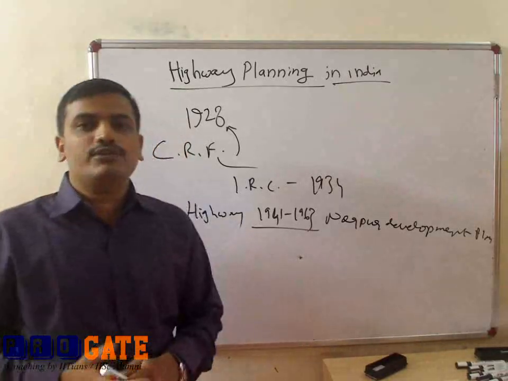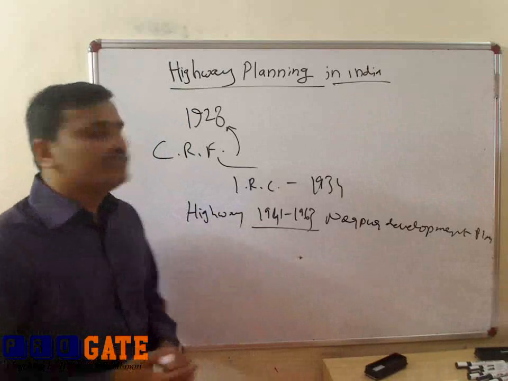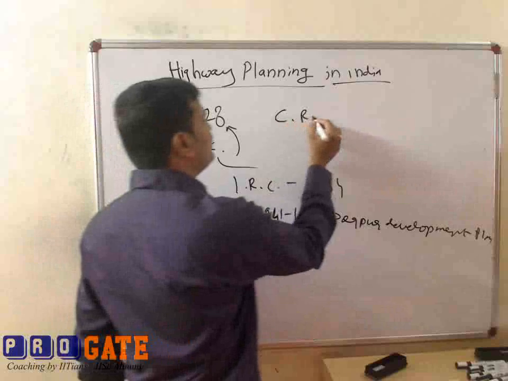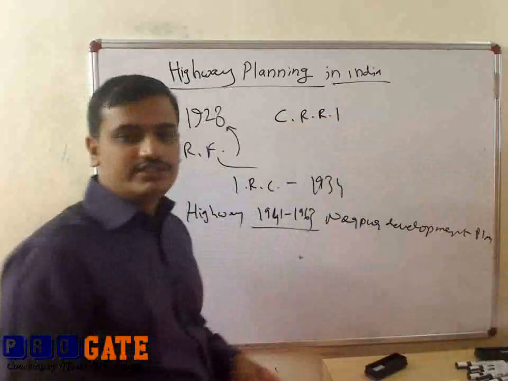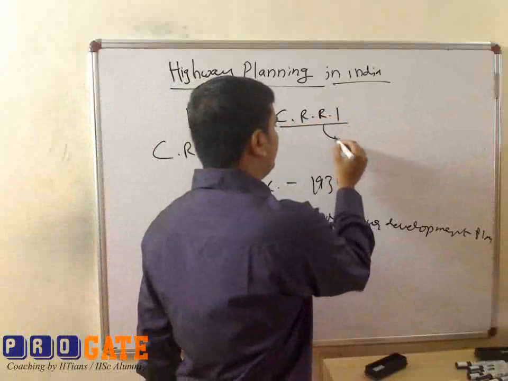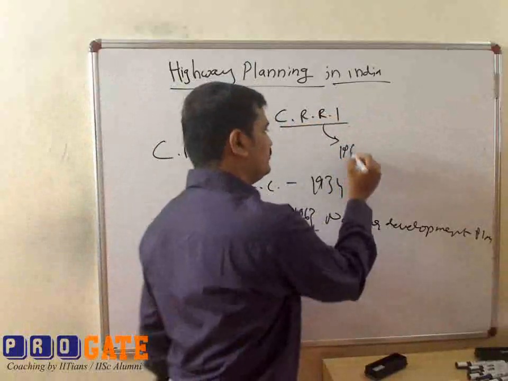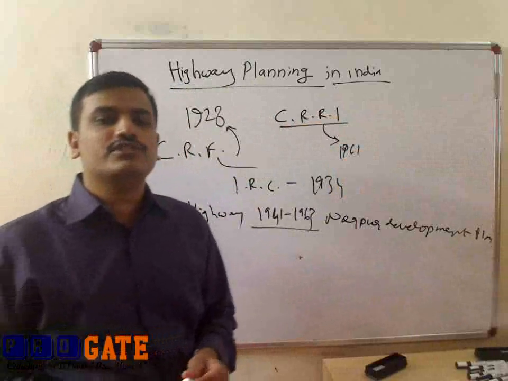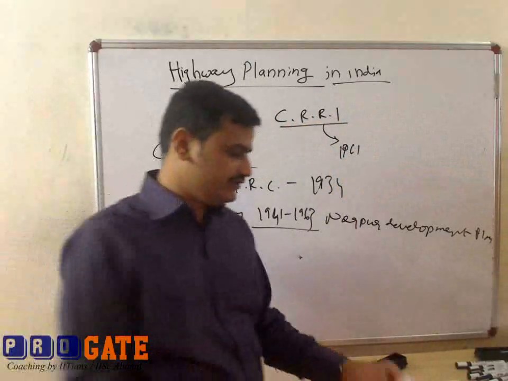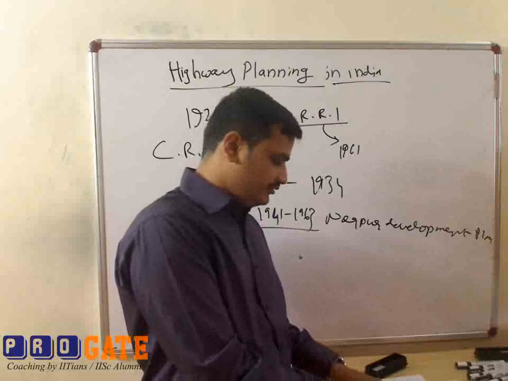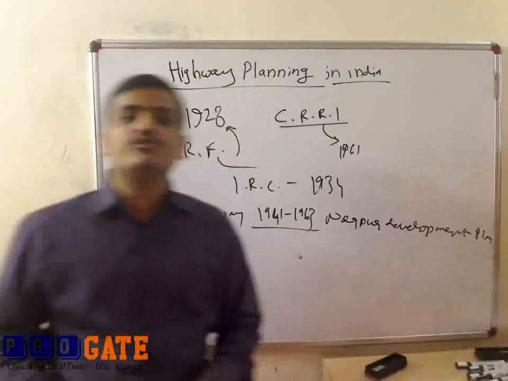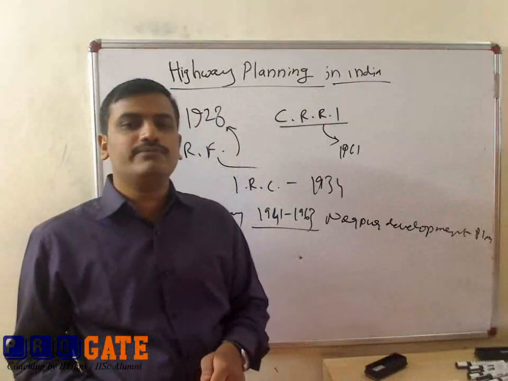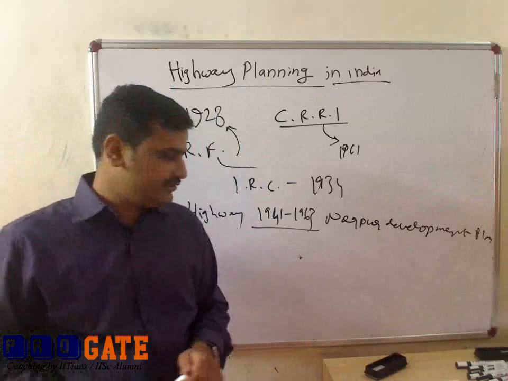This committee also suggested a research institute, the Central Road Research Institute, CRRI, to be formed for more technology development in Indian roads, and it was formed in 1961. This committee also recommended the National Highway Act, which was passed by the government in 1956.